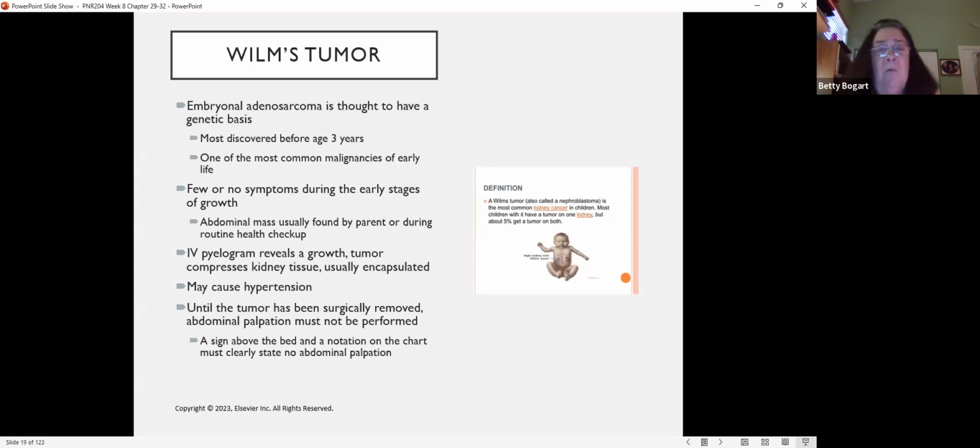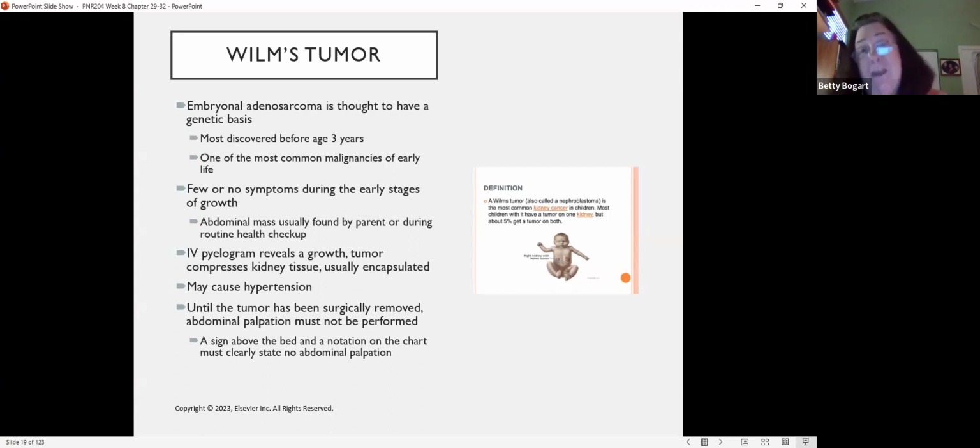The thing about a Wilms tumor is that when we tend to manipulate them, little pieces fall off, and that is a metastasis. And one of the things that you're going to put a sign on the chart, sign over the head, on the bed, wherever it needs to go: don't palpate the abdomen. And as we're changing diapers, we need to be very, very careful with that.